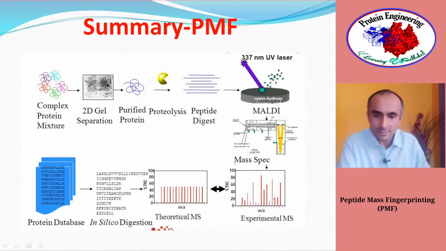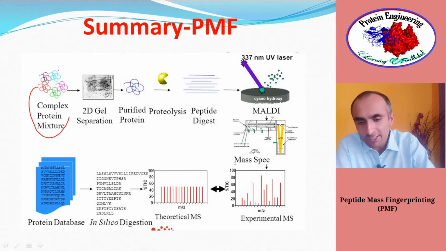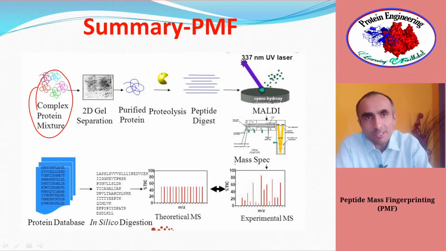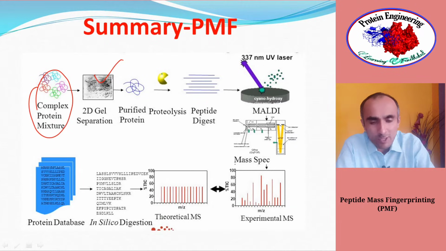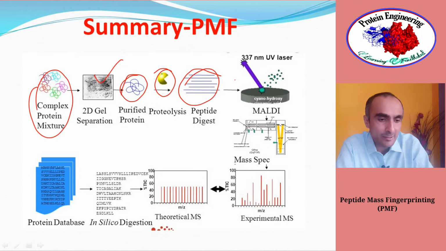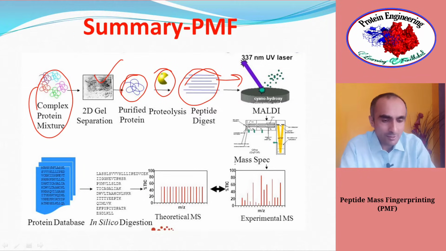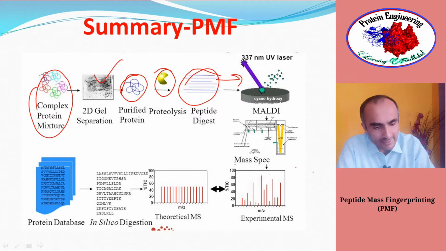So in summary, you have a complex mixture of proteins, that's a proteome. The proteome is run on 2D gel, and the spot you want to identify is excised from the gel. It is proteolyzed using trypsin, for example. You get a mixture of peptides. Those peptides are run on a MALDI-TOF or ESI-TOF, and you get spectra that's called experimental spectra.